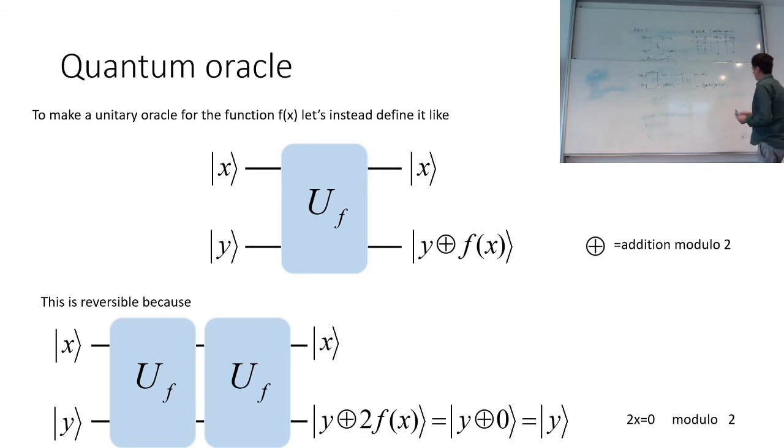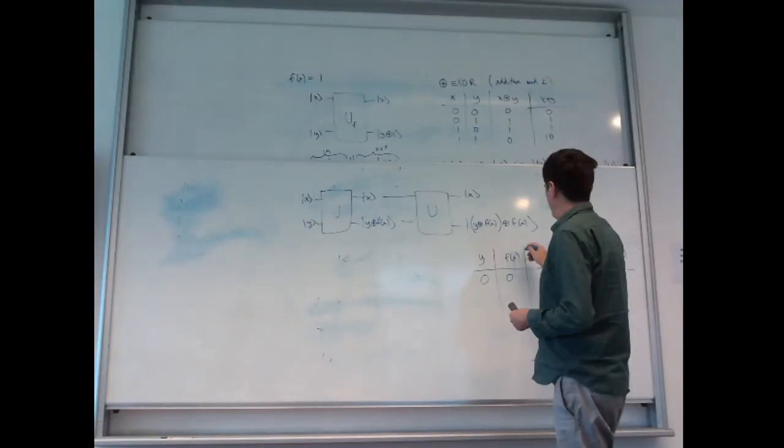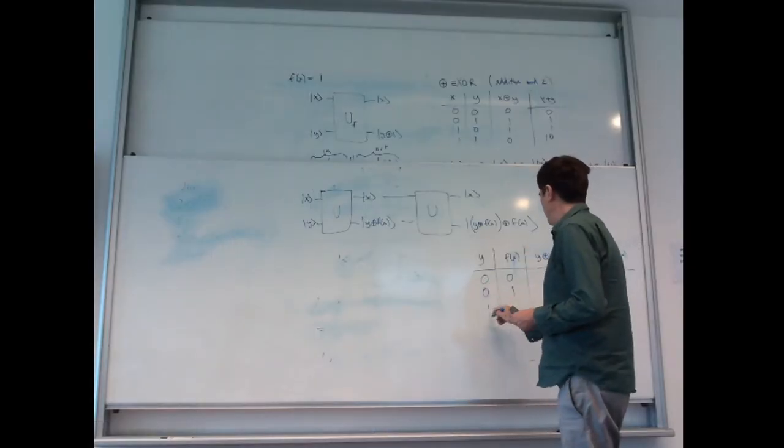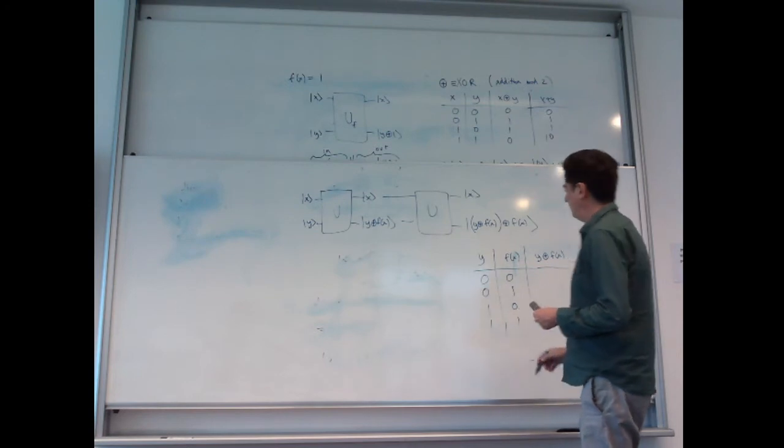Let's work this out with a truth table. Again, these are the four cases you can have.